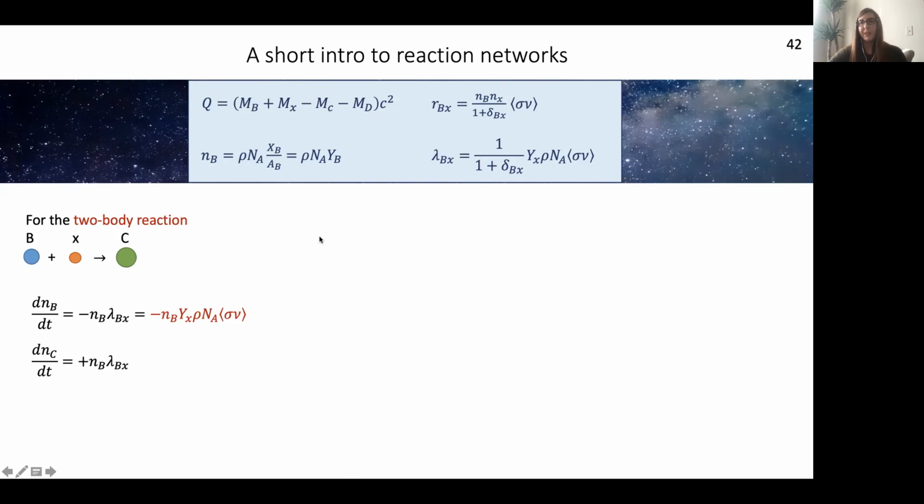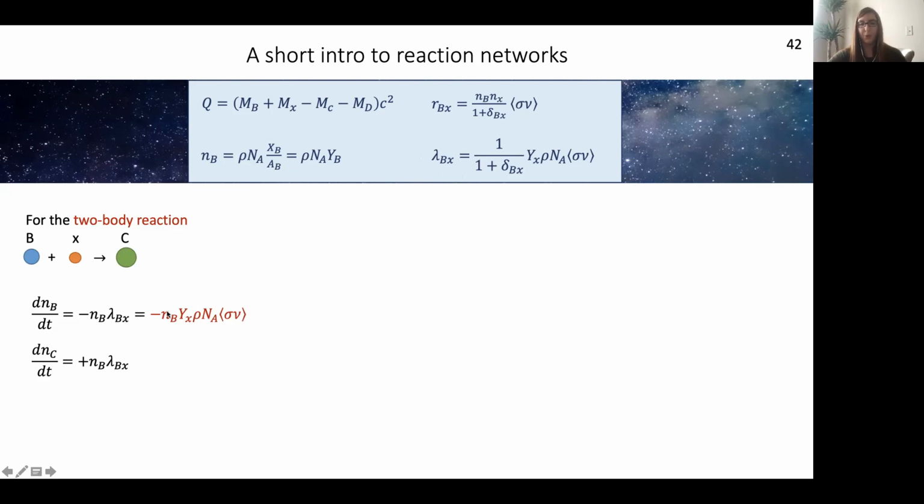So a short intro to networks. Again, I'm going to have my equations up here just for reference, just something to keep us grounded in things that we've seen before. So say that you have a two-body reaction, B plus X goes to C. Then your change in your abundance of B is going to be the number density of B multiplied by the rate at which B and X interact, and it's going to be negative because you're losing B. So this can be written out if you take your reaction rate here and you put it in.